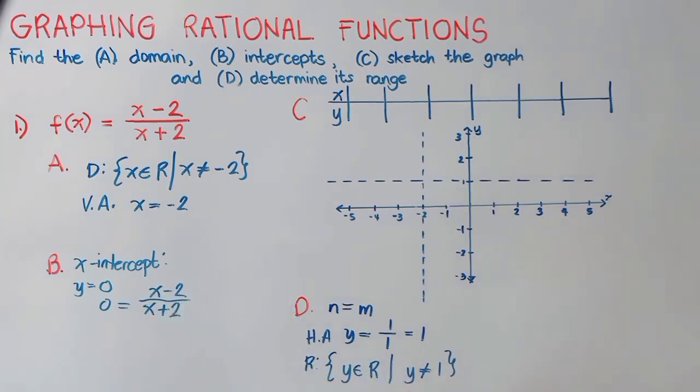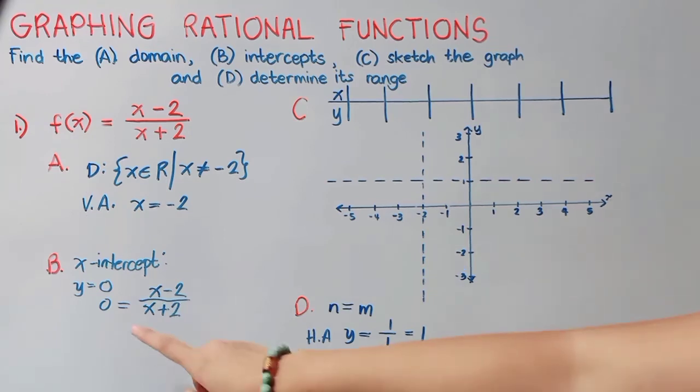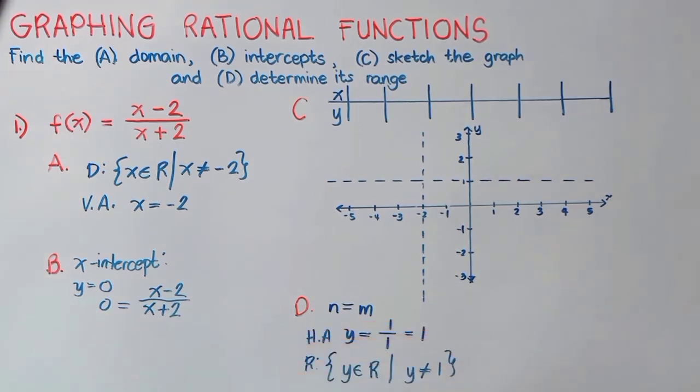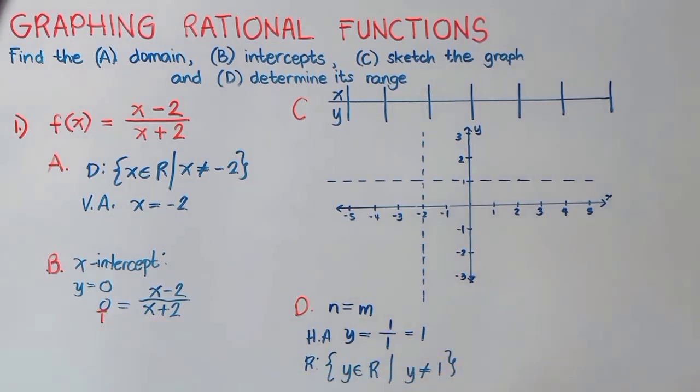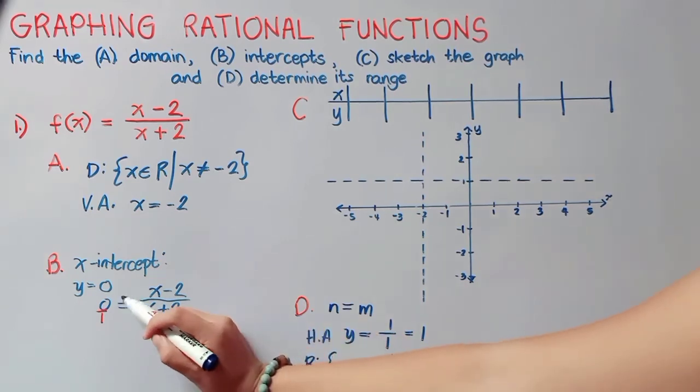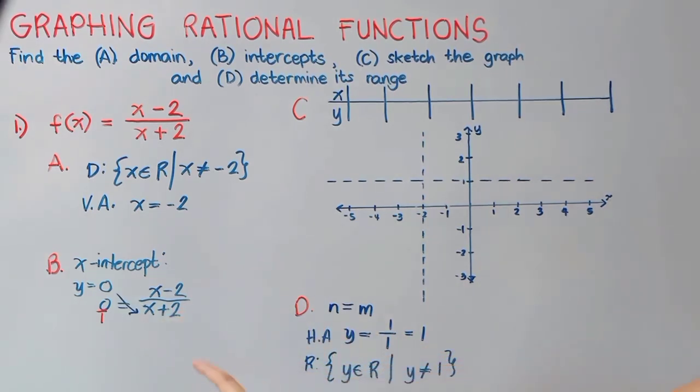Now, we can cross multiply this one since the denominator of our 0 is 1. So we have here 0 multiplied to x plus 2 is equal to 0, and then copy the equal sign. 1 multiplied to x minus 2 is just x minus 2.